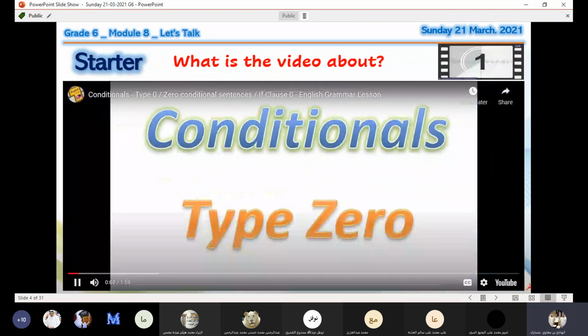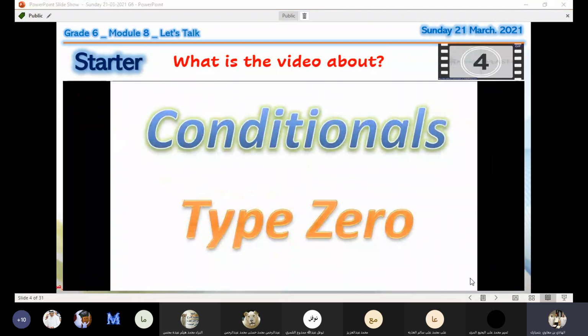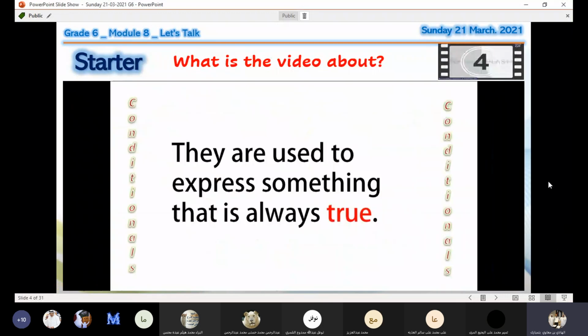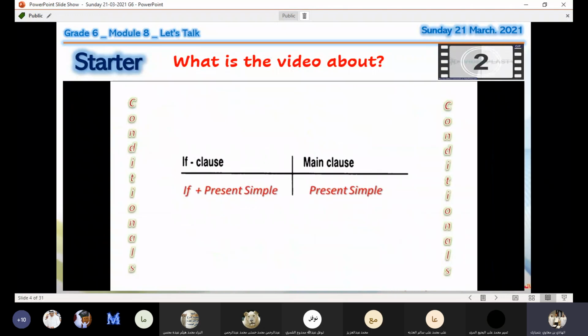In this lesson, we'll talk about type 0 conditionals. Type 0 conditionals are used to express something that is always true. We can make a zero conditional sentence with two present simple verbs, one in the if clause and one in the main clause.